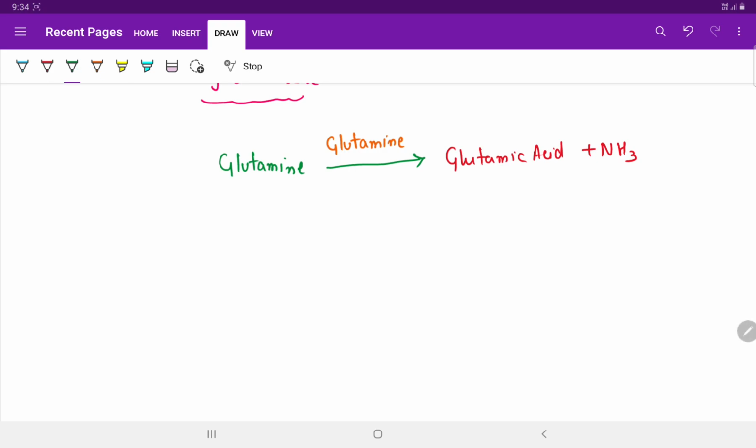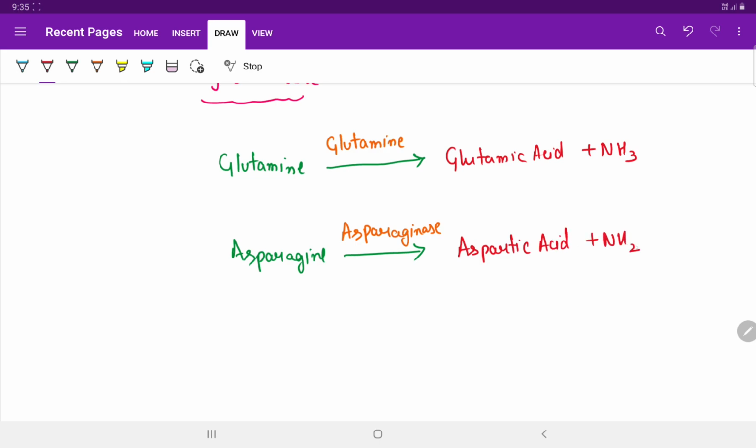Similarly, in another example of asparagine, in presence of enzyme asparaginase, it is converted into aspartic acid. So this is the conversion of asparagine into aspartic acid and ammonia is liberated out.